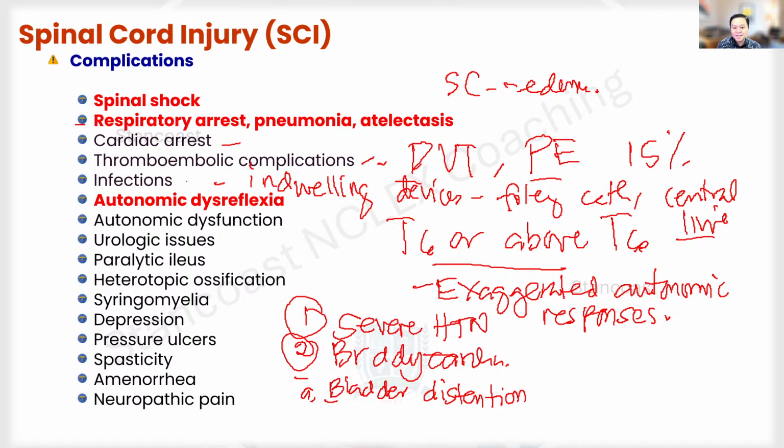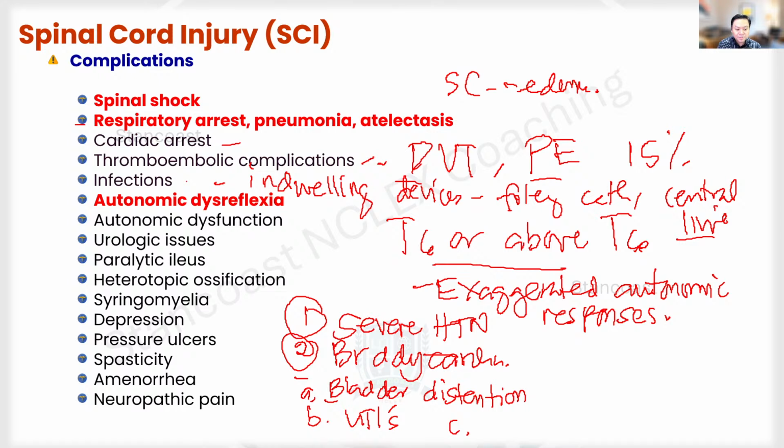All right. What else? Urinary tract infections. Or it could be bladder stones, or maybe an overfilled or obstructed catheter. Even if the patient has a Foley catheter, if the drainage tube is somewhat sluggish, yes, that can also precipitate the autonomic dysreflexia.